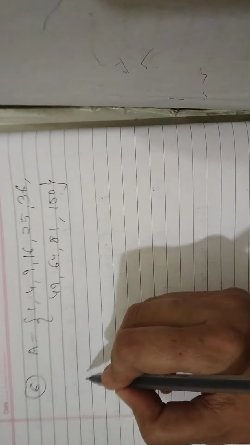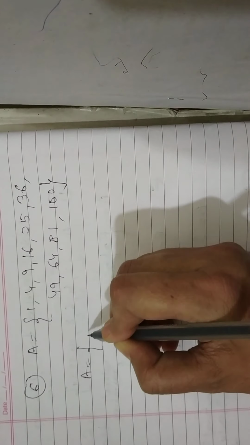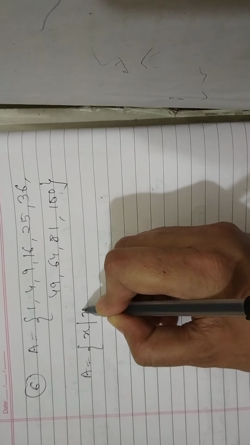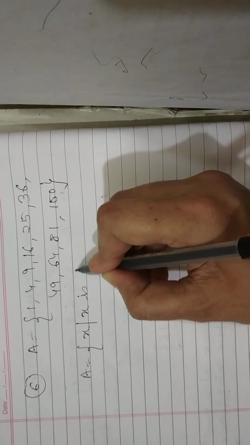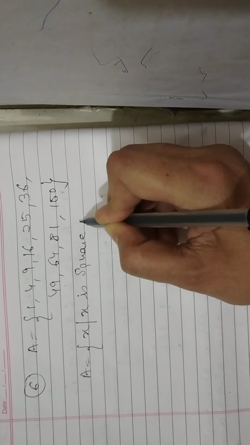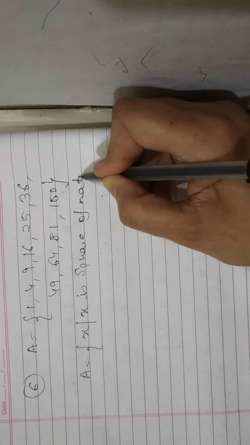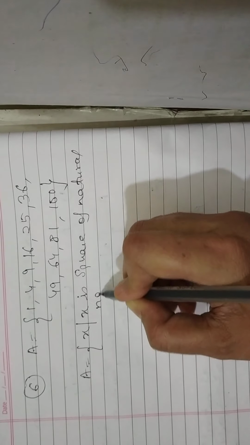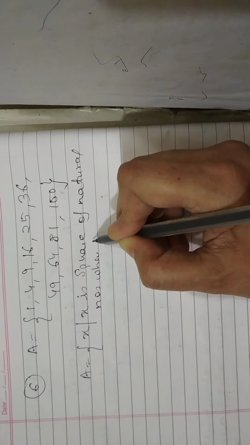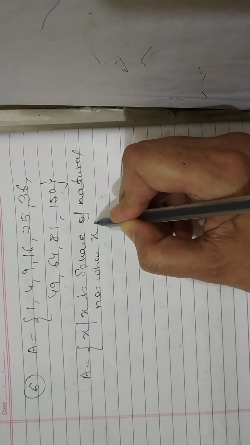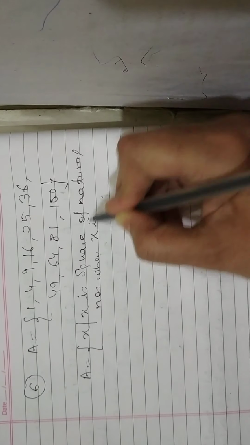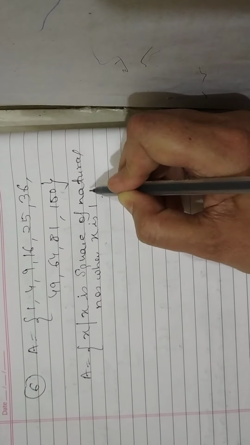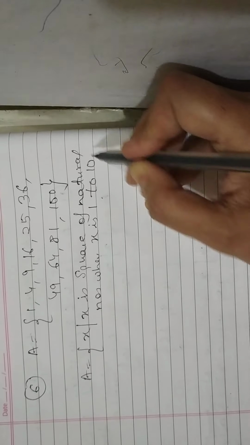Answer: X is such that X is a square of natural numbers where X is 1 to 10.